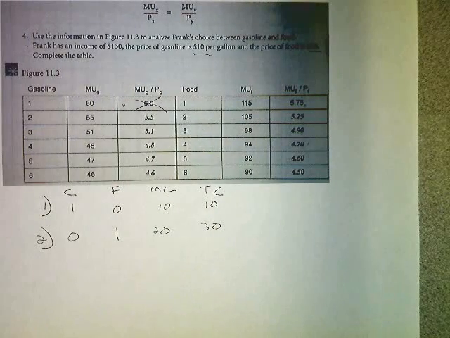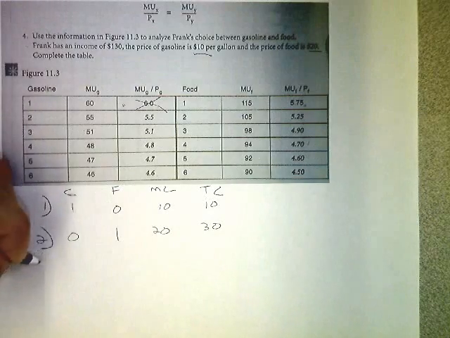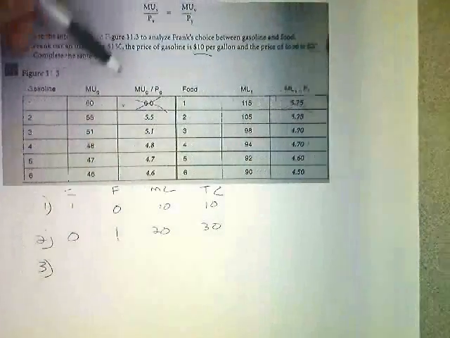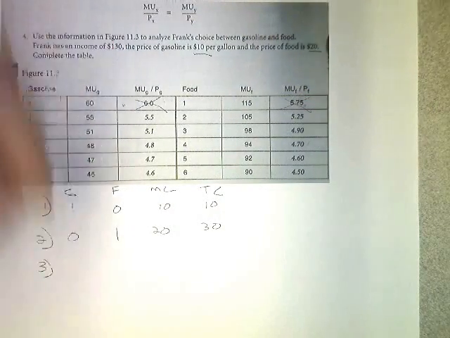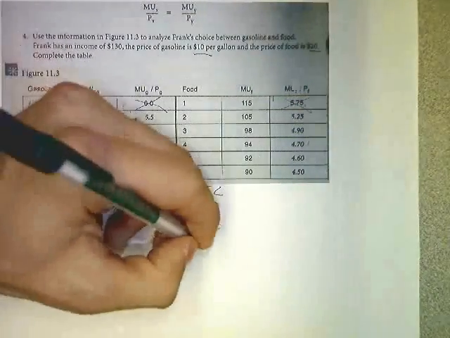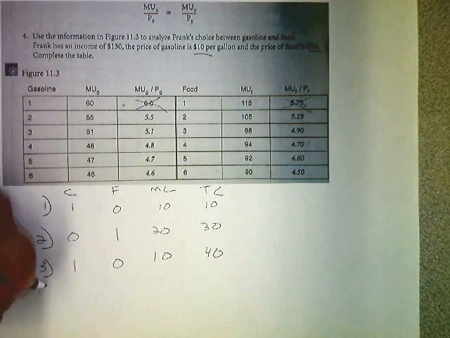So in this case, he has $130, so he's still got money to spend, and we'll keep going. Decision number 3, let's mark that off, is between the second gas or the second food. Gas is higher, so again, 1 gas, no food, $10 marginal cost. Now we're up to a $40 total cost. He's still got some money left.